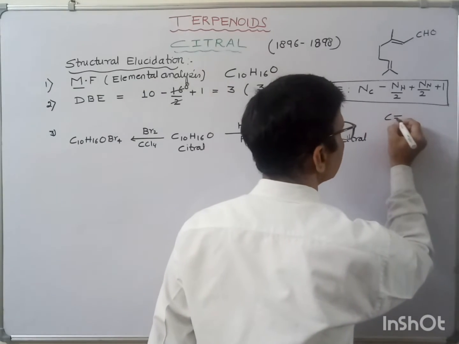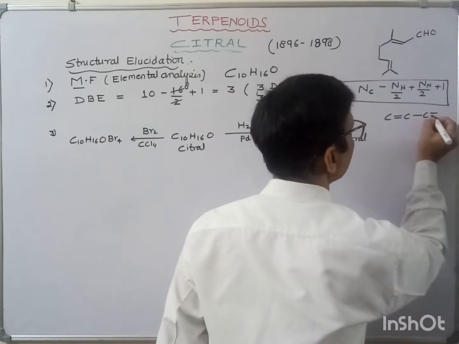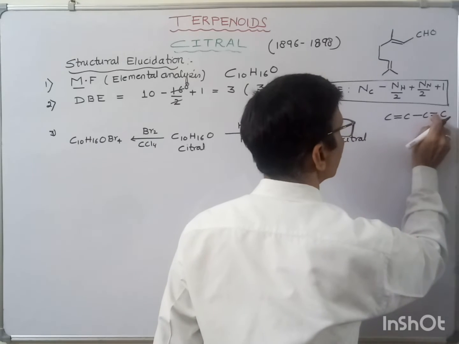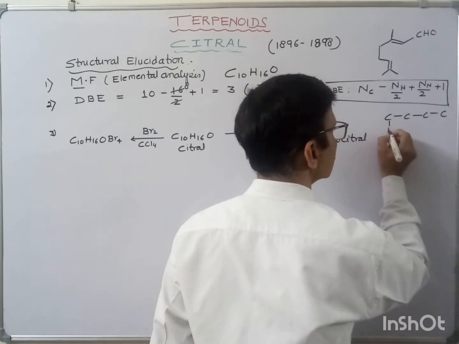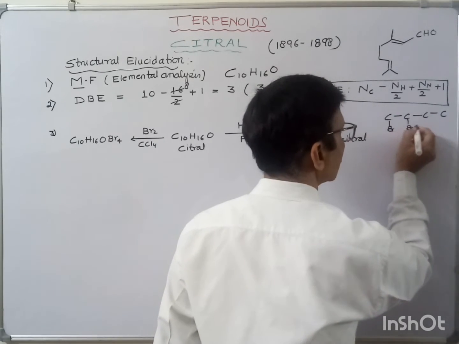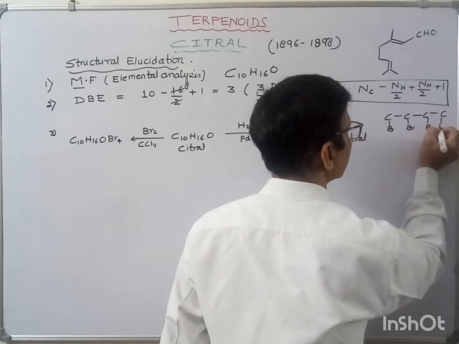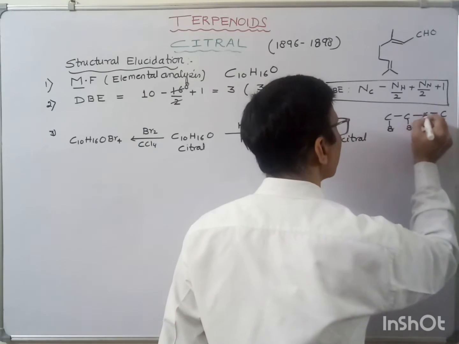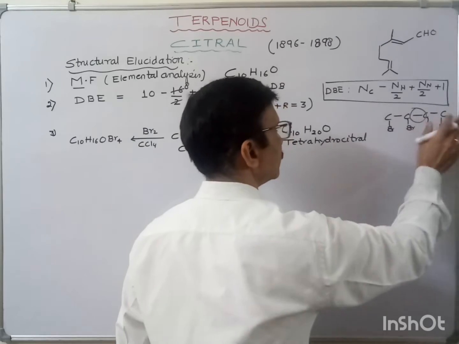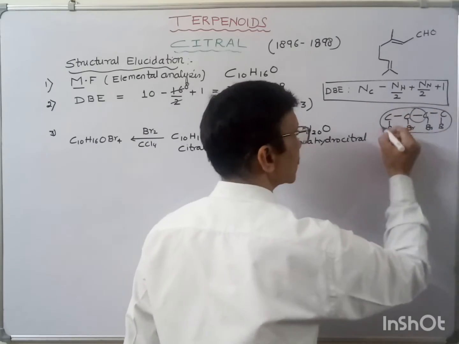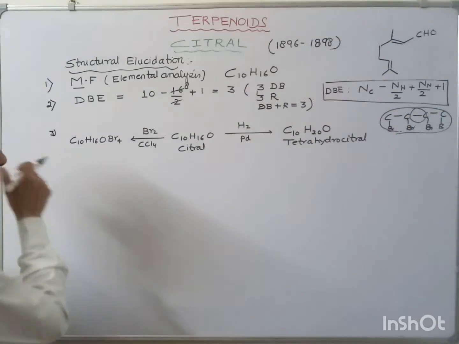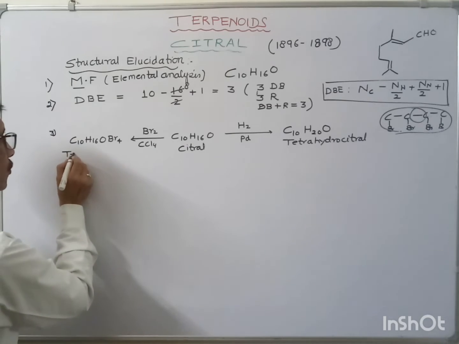If 2 double bonds are there, then 4 bromines will be attached like this: bromine here, bromine here, bromine here, bromine here. No doubt some more groups may be there in between, but 4 bromines are attached.